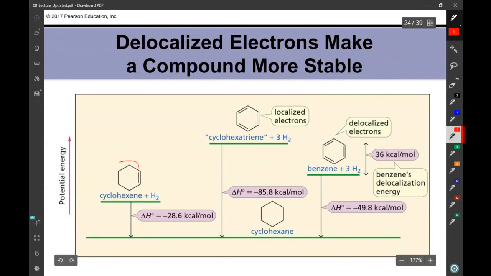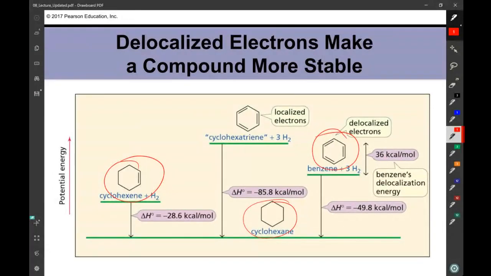We have a cyclohexene molecule, meaning with one double bond. We have a cyclohexane molecule. And then we have another type of molecule, we refer to it as a benzene molecule. And if you notice, the more delocalized electrons you have, the more stable the molecule will be.